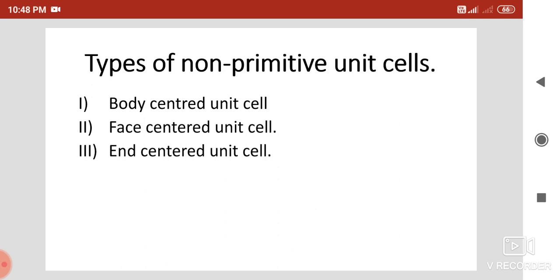In the body centered unit cell, the particles are present not only at the corners but also at the center of the unit cell.